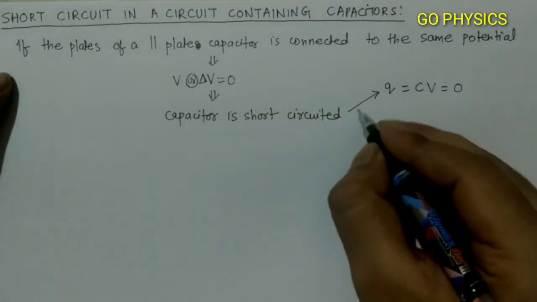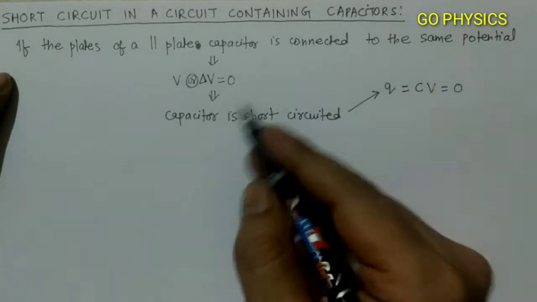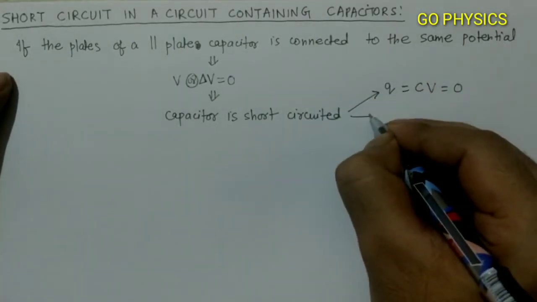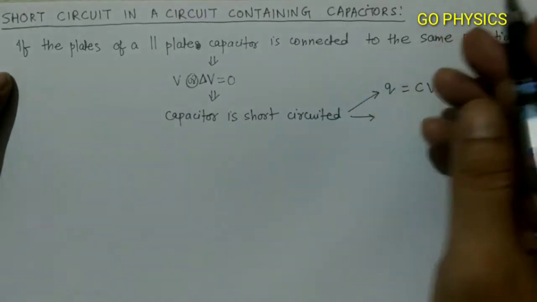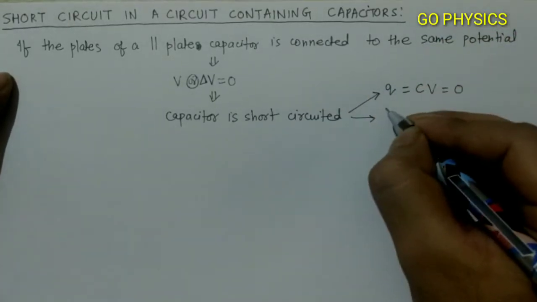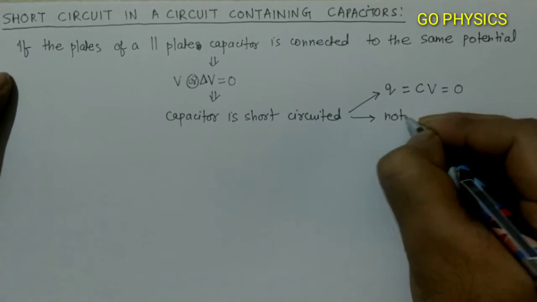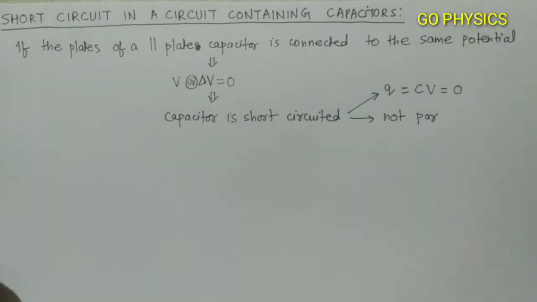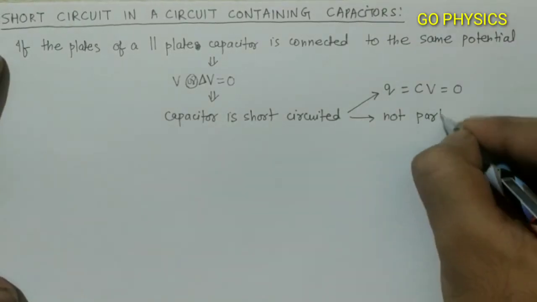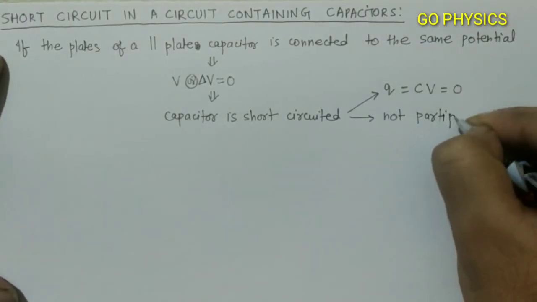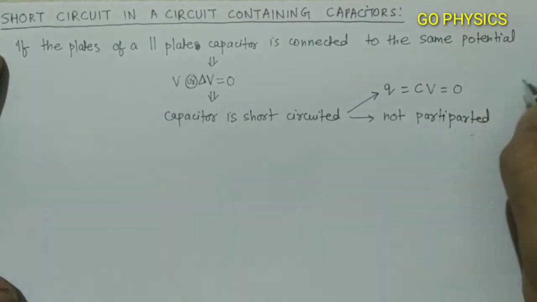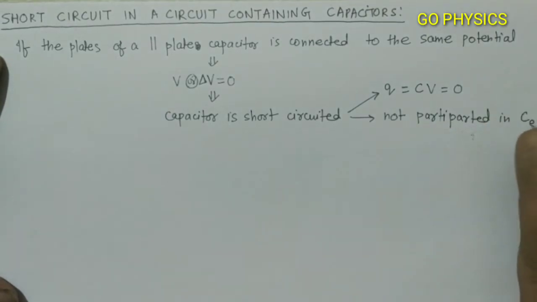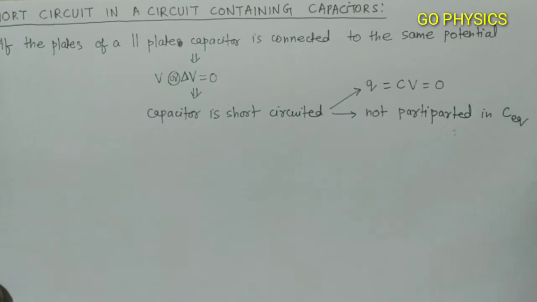And the second point that we will remember about that particular capacitor is that this capacitor will not participate in C equivalent, that is the equivalent capacitance of that particular circuit.